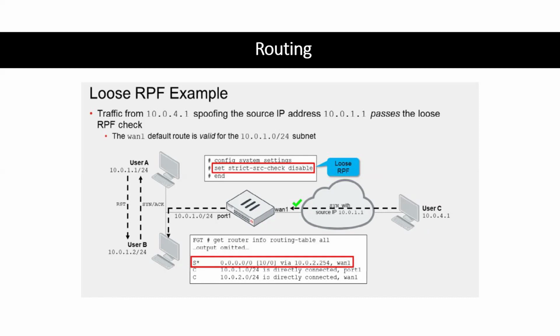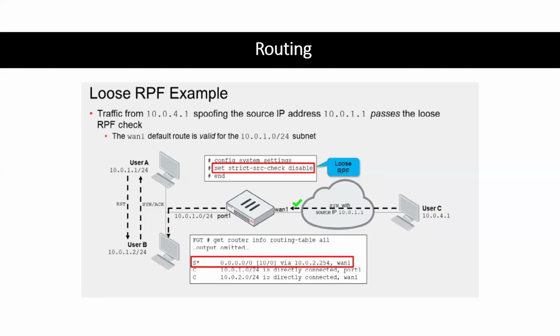The FortiGate gets the packet and looks in the routing table. The routing table says I have a route that exists for 10.0.1.0, but it's behind port 1, even though this packet from a bad actor came in on WAN 1.